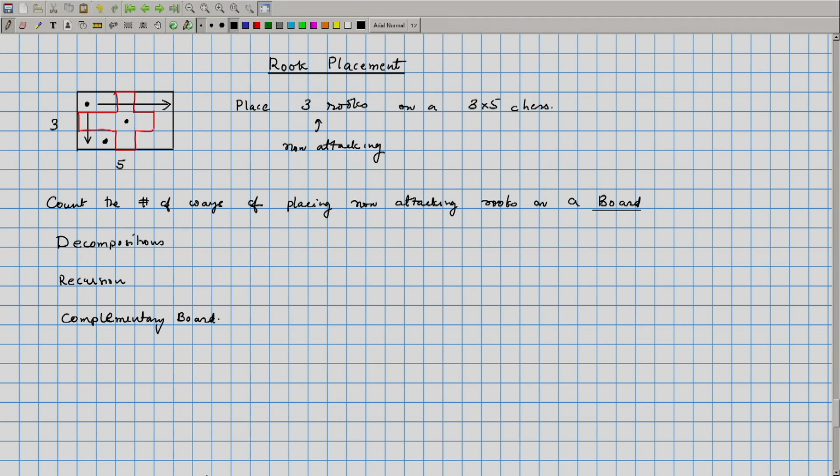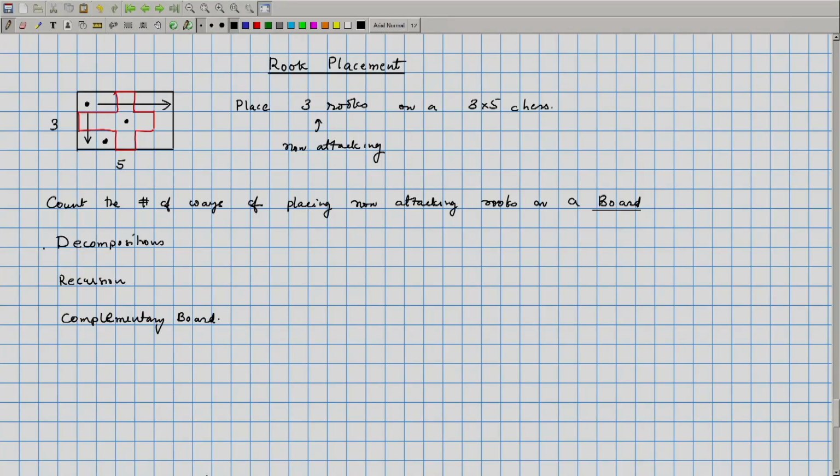So, given a particular board, that is a subset of squares of an n cross m board, if we need to place non-attacking rooks, when we need to count the number of ways of doing that, we will use 3 generalized principles. One is the principle of decomposition, then another is a recursive way of counting, and the third would be to look at the complementary board. These 3 methods are what we will look at in this particular lecture.